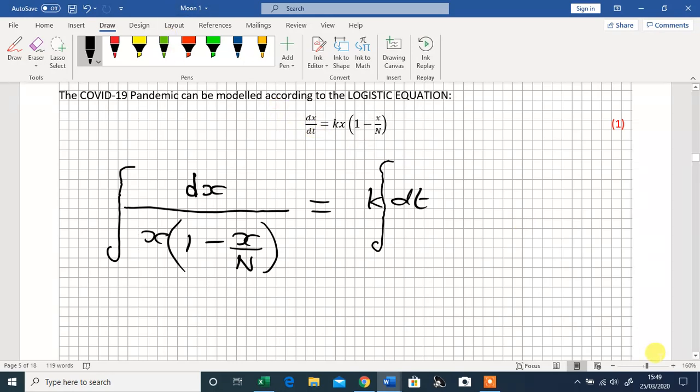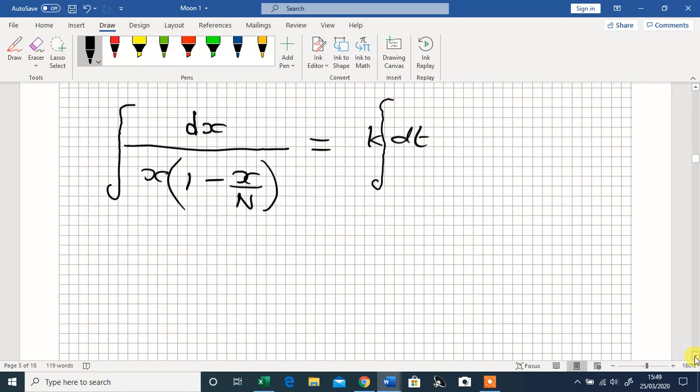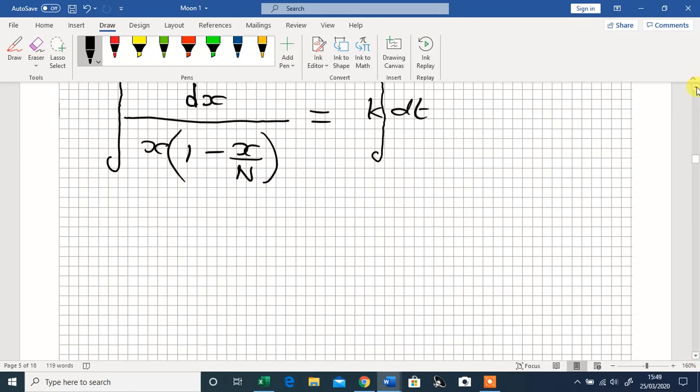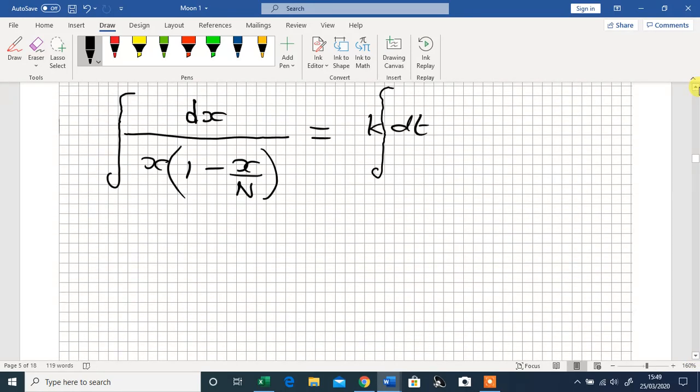Now, to actually solve this equation, we need to express the left-hand side in terms of partial fractions. I'm not going to go through how to work that out.